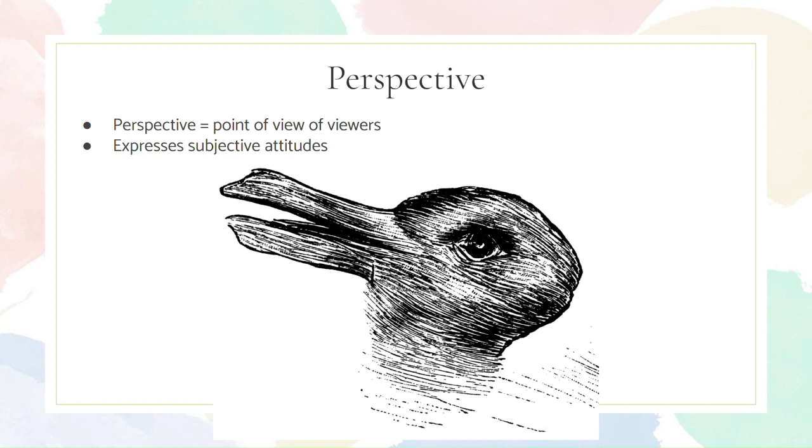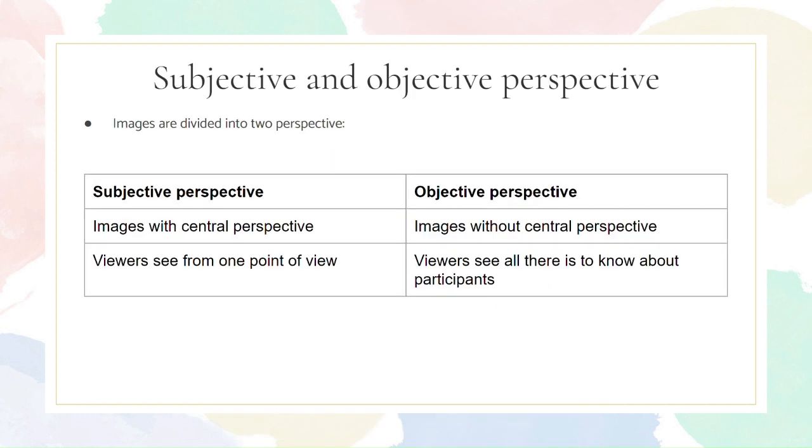Now, how does perspective fit into images themselves? When perspective fits into image, it creates two different types of perspective. It divides them into subjective perspective and objective perspective. Subjective perspective is when images have a central perspective, which means that they have a built-in point of view.